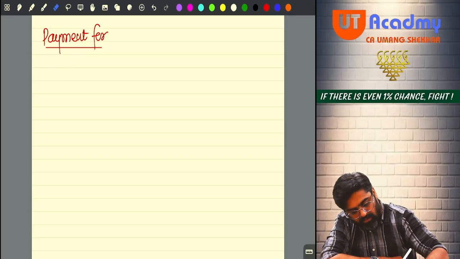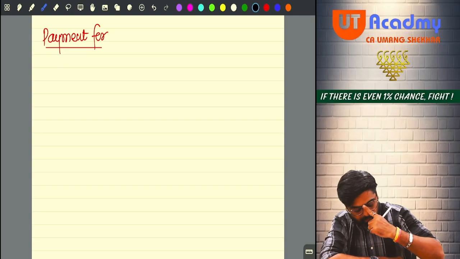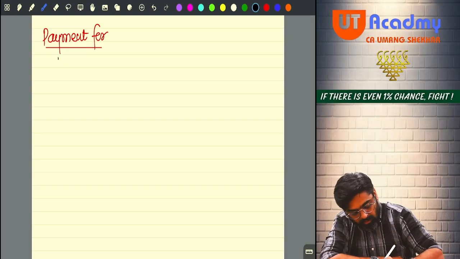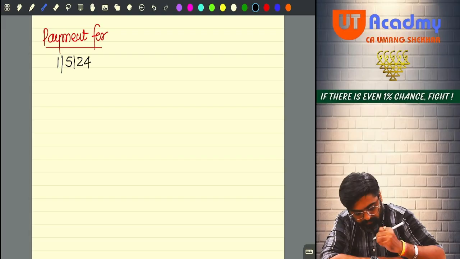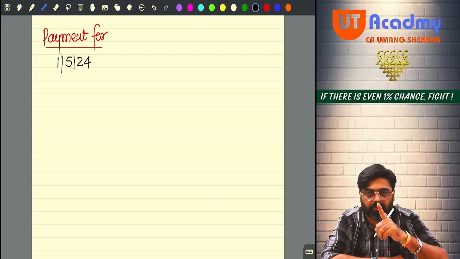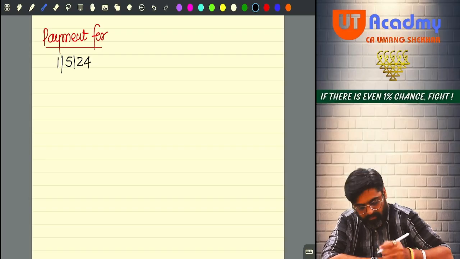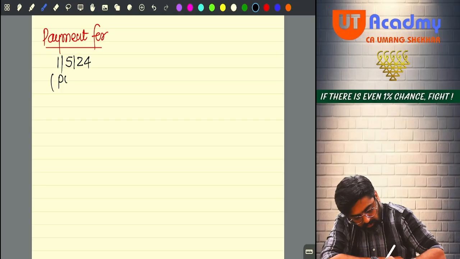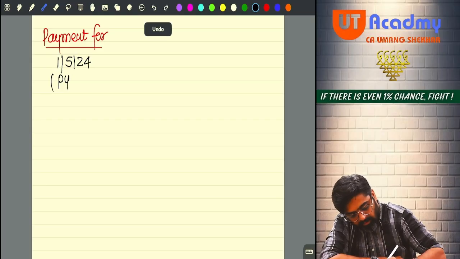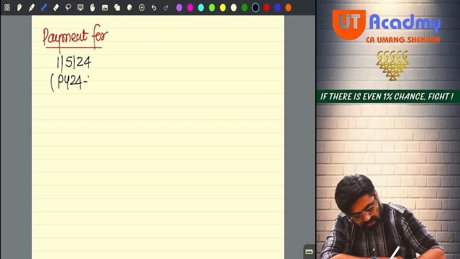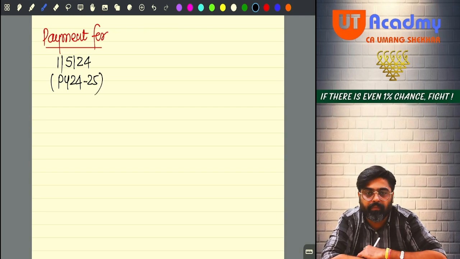Payment for 24-25 means you bought the goods on 1st of May 2024. You are an assessee, okay? You bought the goods on 1st May 2024, meaning the payment is for 24-25, expense is for 24-25 because the goods are purchased in 24-25.